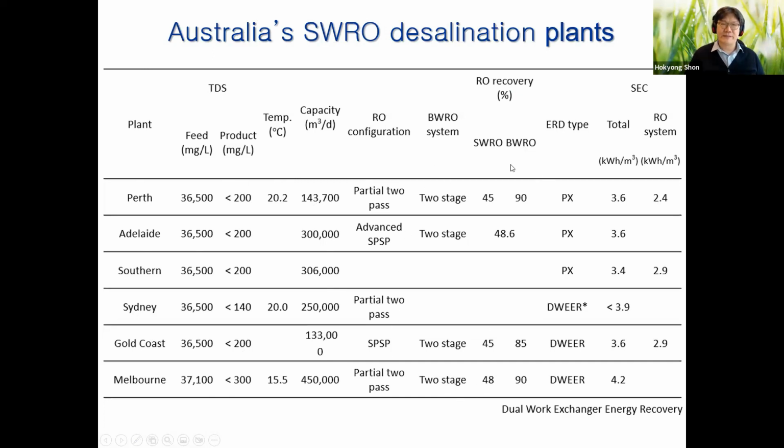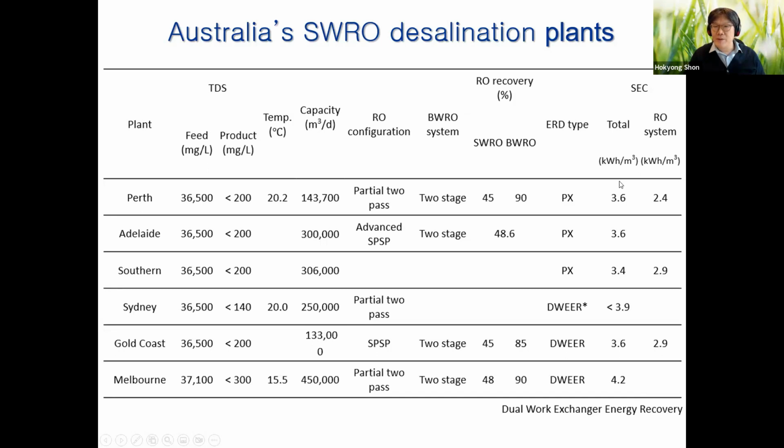BWRO second pass, and the RO recovery 45%, and BWRO 90%. And you have a pressure exchanger or dual work energy recovery device. So 3 of them utilize a pressure exchanger, 3 of them DWEER, dual work exchanger energy recovery system.